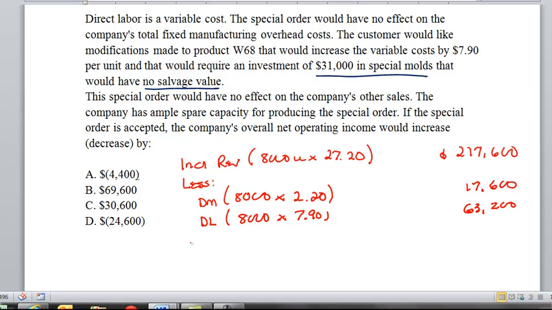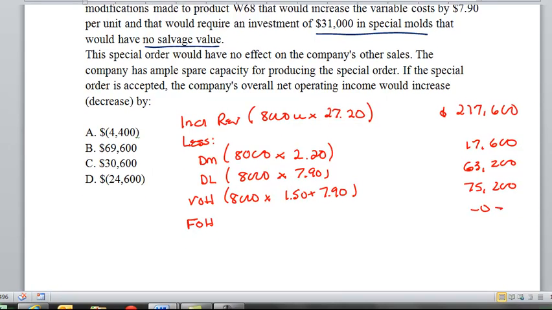63,200. My variable overhead, remember, it's going to be the 8,000 times $1.50 plus the $0.90 for a total of 75,200. The fixed overhead, there is no difference. It's zero. None of it could be avoided.